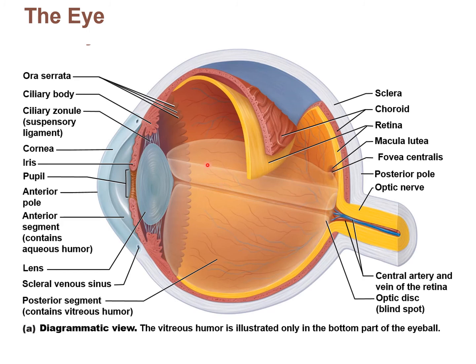All right, next part to go over are the two segments or cavities. Your lens, right here, divides the inside of your eye into an anterior cavity or segment and a posterior cavity or segment. The anterior cavity is filled with a watery fluid called aqueous humor.